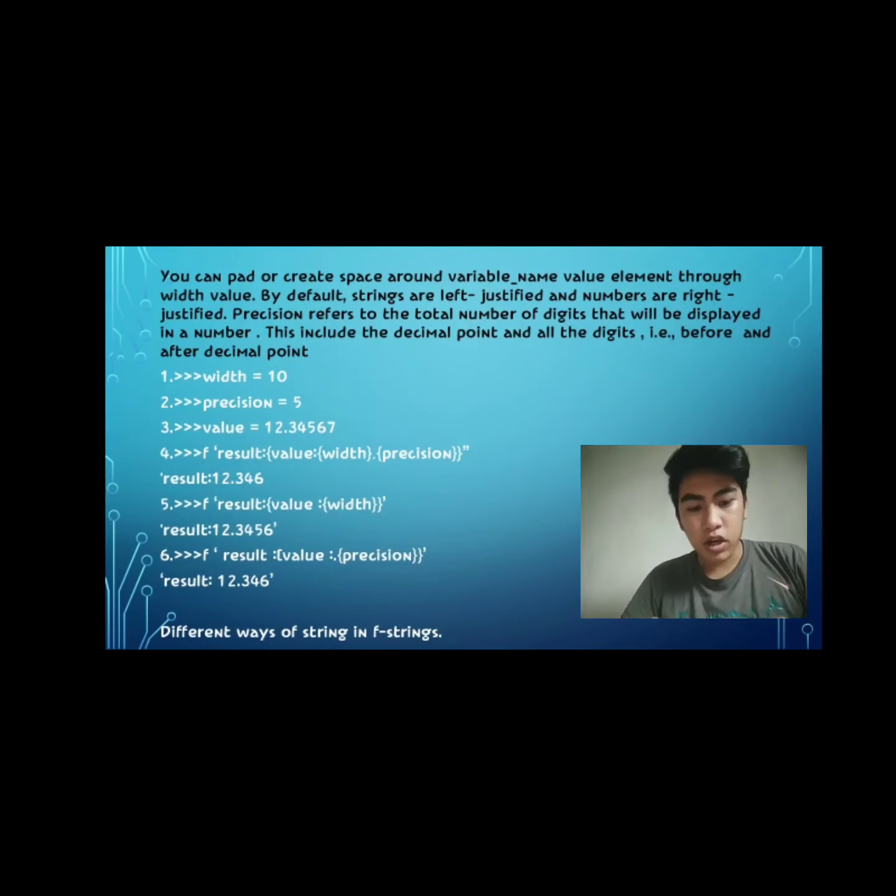You can pad or create space around the variable name value element through the width value. By default, strings are left justified and numbers are right justified. Precision refers to the total number of digits that will be displayed in a number. This includes the decimal point and all the digits, i.e. before and after the decimal point.